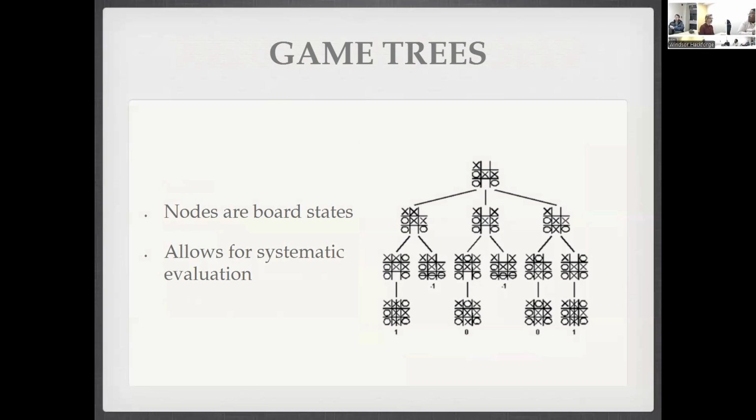Here you can see a game tree for an almost finished game of tic-tac-toe. Every node in this tree represents a possible position or board state. There are 3 possible moves for X at the top of the tree, each of which has 2 possible responses for O, each of which leads to either an endgame position or a final move to an endgame position. So it's useful to look at a simple example like this to understand the principle.